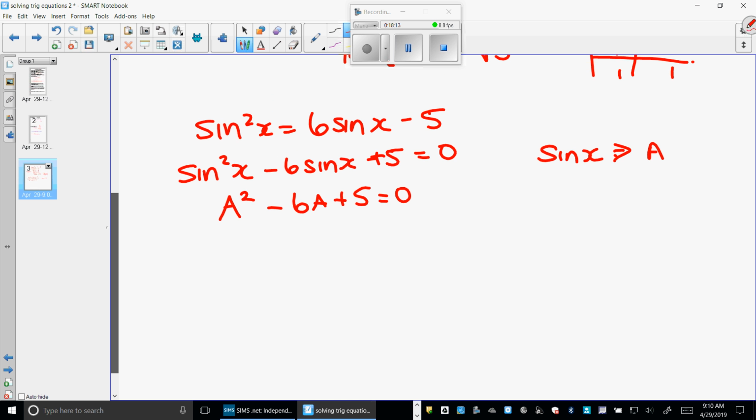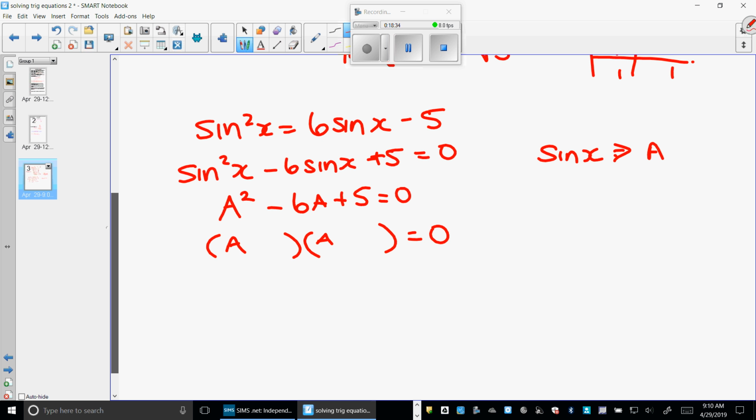How do we solve a quadratic? We could say factorize. Remember, we've got a at the front of both. How do we decide what they are?